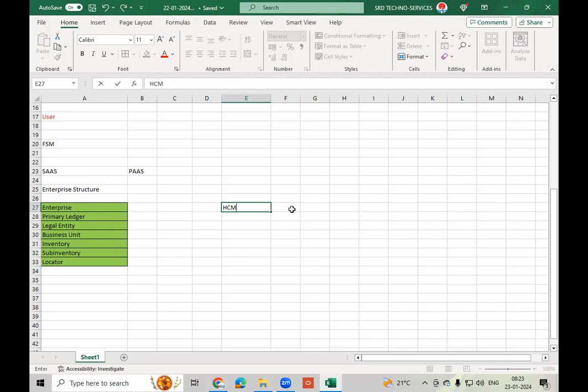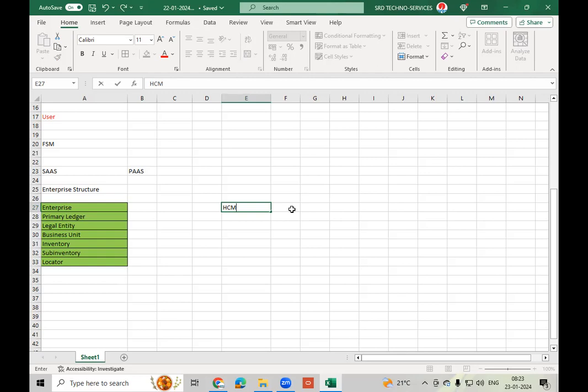Maybe that person is a financial consultant or SCM, that depends. So who will take responsibility and ownership for defining this enterprise? But originally, it belongs to human capital management. But this is a side setup.